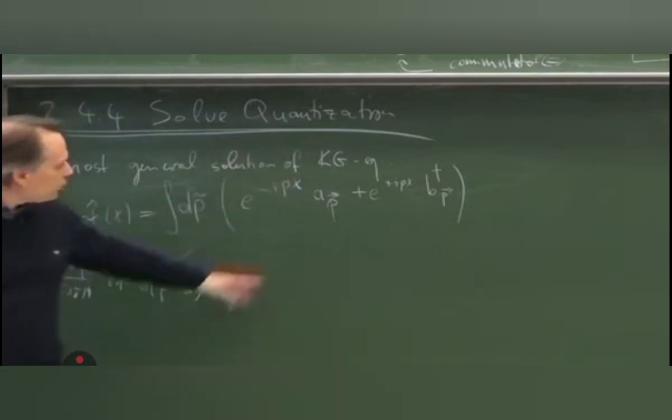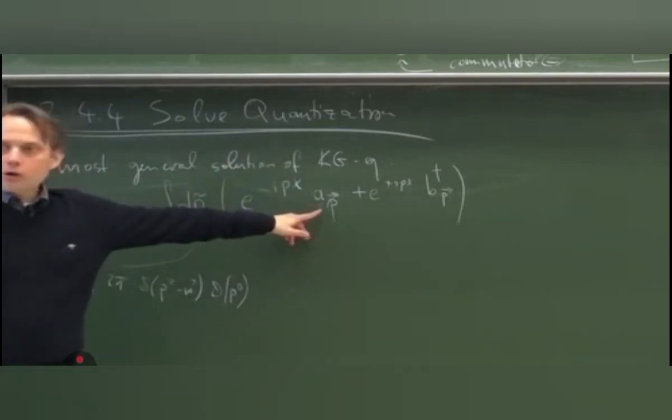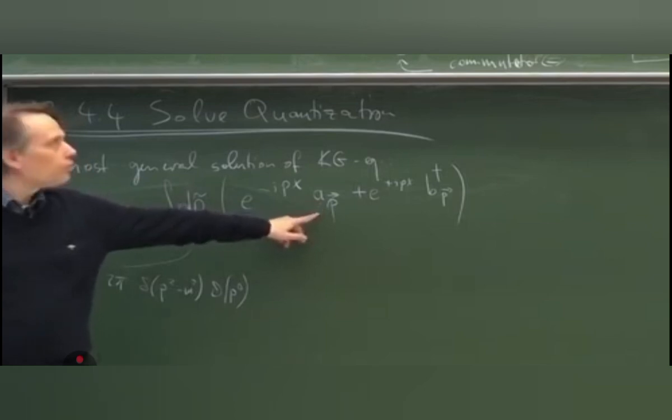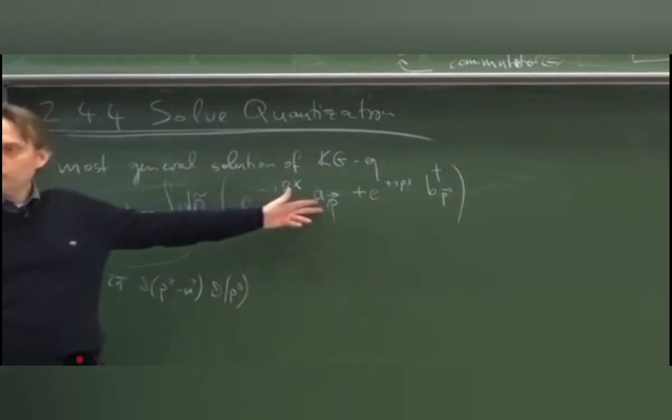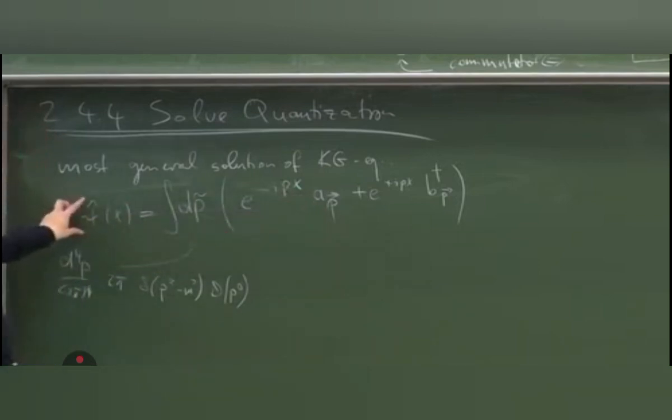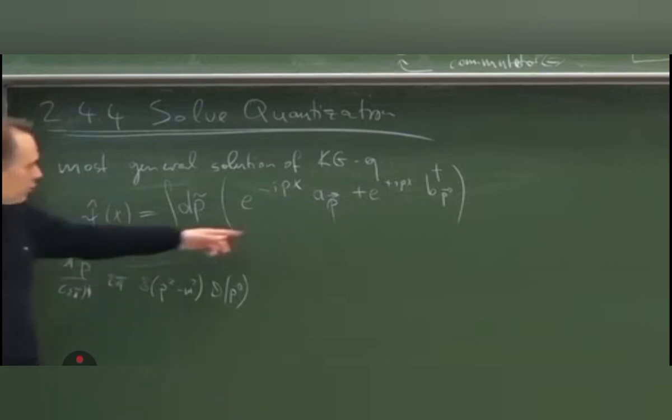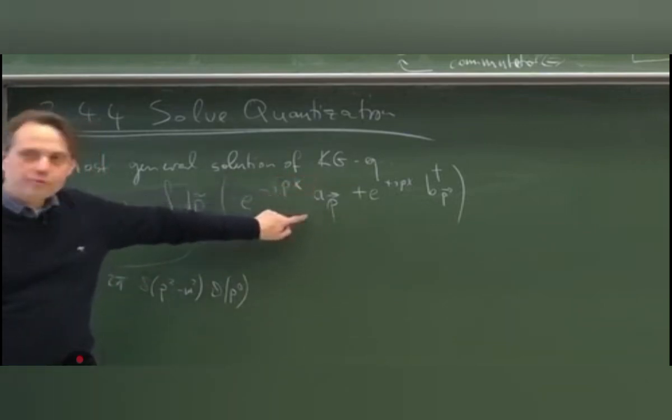But what can we say about them? They are operator valued, of course, because psi on the left-hand side is an operator, so they are also operators. And furthermore, the psi is of course a spinor, which has 4 components. So really what we are having here is a spinor with 4 entries, and each entry is an operator. Therefore, this A must also be something with 4 entries, and each entry is an operator.